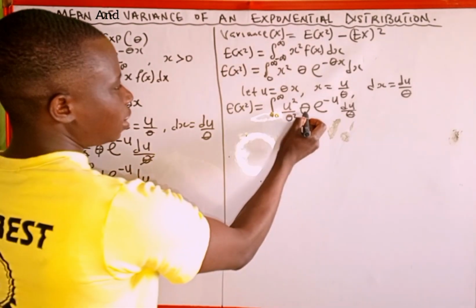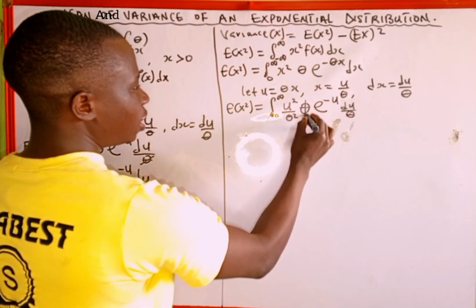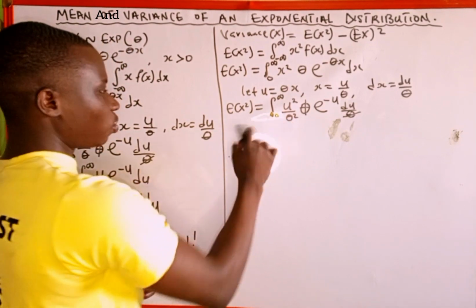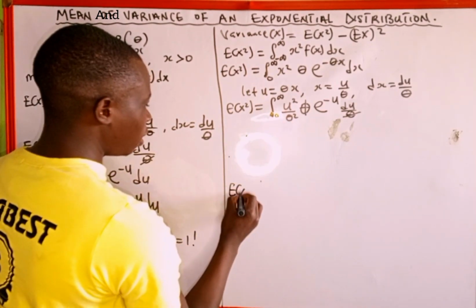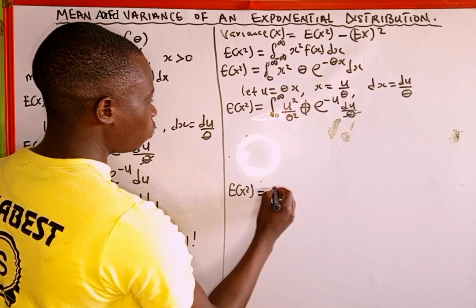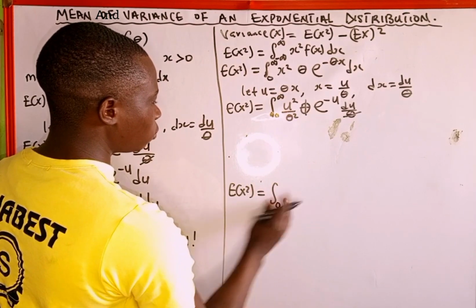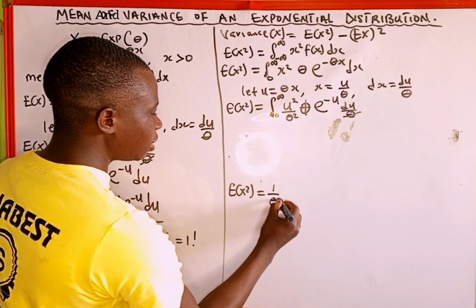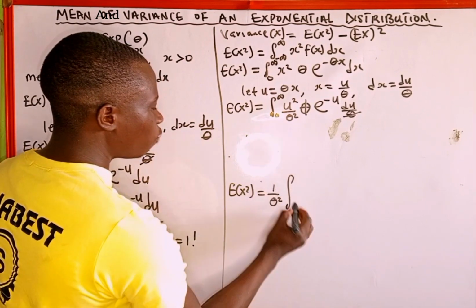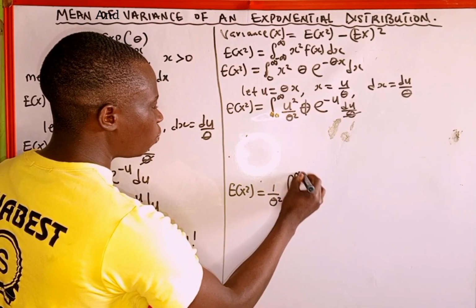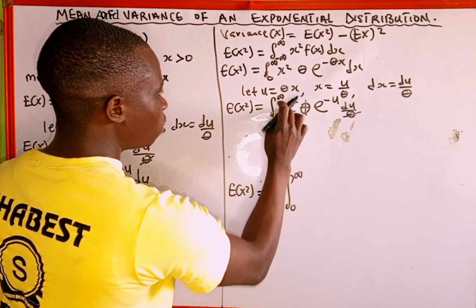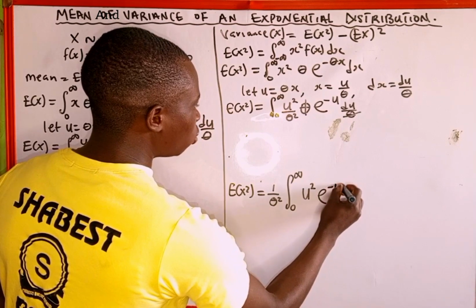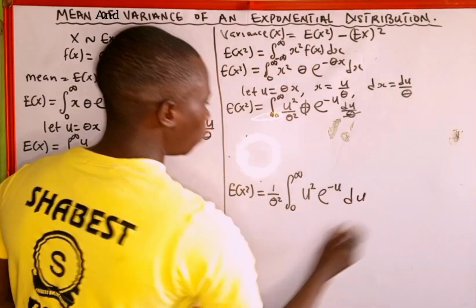Then we have one theta here, and this is over theta, so this theta is going to cancel out this theta. Then we take this theta squared out. We are going to have the expected value of x squared equal to 1 all over theta squared, integral from 0 to positive infinity, and what remains is u to the power 2, then exponential of minus u, then du.